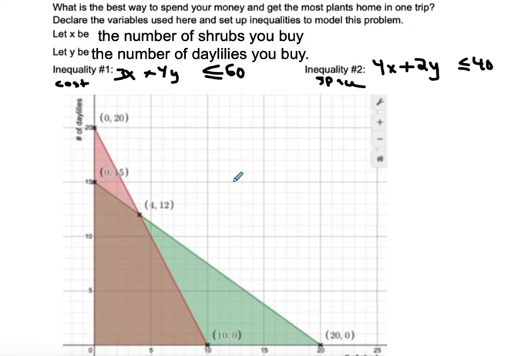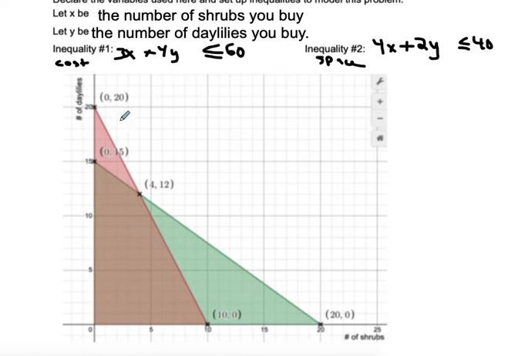If we look at our graph here, this is already done for us, and you can see that each of these represent those scenarios by looking at the x and y intercepts. So for example, if we look at this first inequality, if I only wanted to buy shrubs, and I didn't want to buy any of the daylilies, well, if the shrubs are $3 each and I have $60, I could buy 20 shrubs.